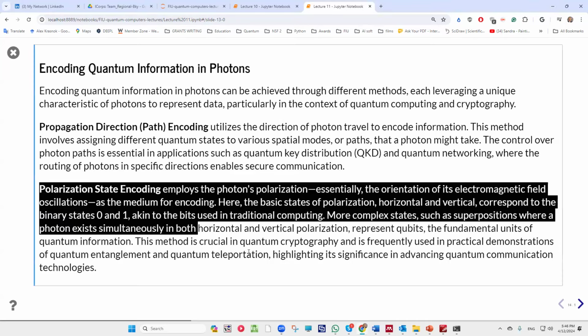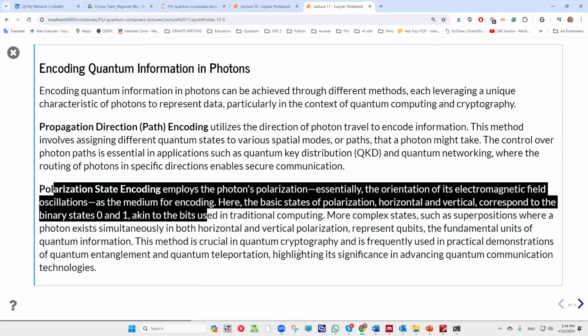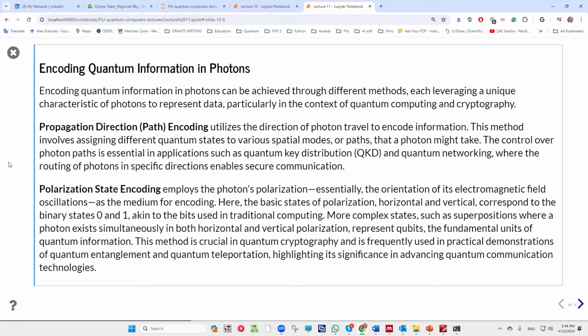Similarly, we can use the polarization state of a photon. You know that light is a transverse wave, right? The electric and magnetic fields oscillate in the plane that is orthogonal to the propagation vector, which is the wave vector. And in this plane, it can oscillate either in the vertical direction or in the horizontal direction.